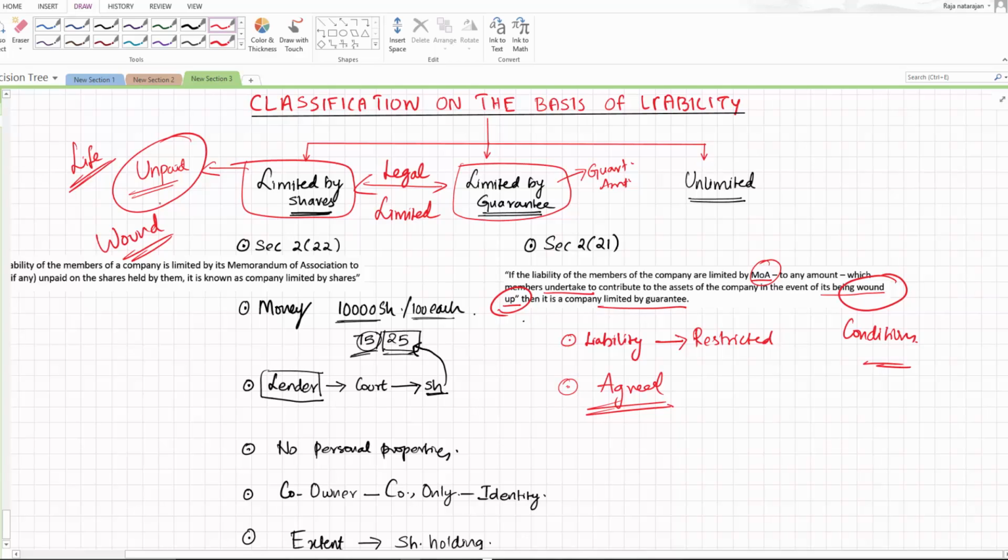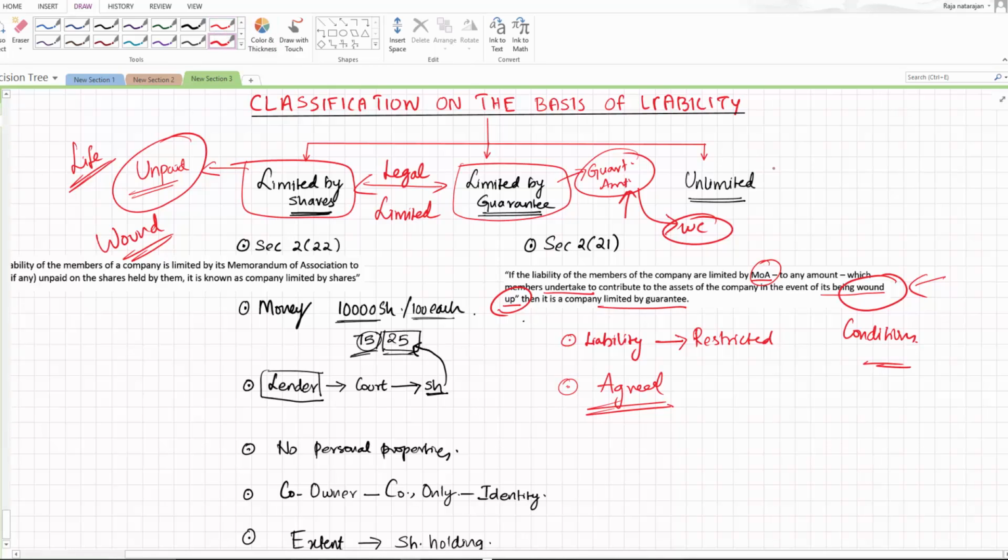So a company limited by guarantee can raise the guaranteed amount only at the time of winding up of its business. It means this company is not dependent on this guaranteed money for its working capital purposes, because this money is going to be raised only when the company is going to be closed.